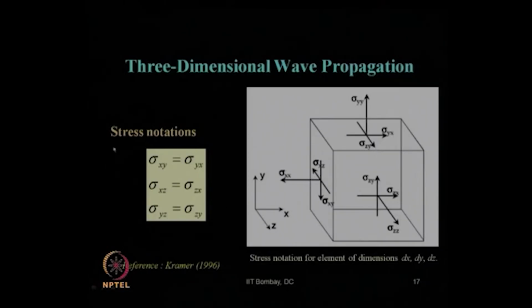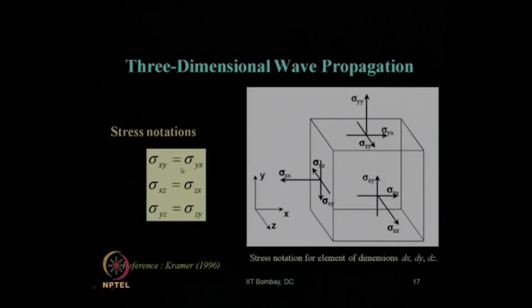Now, considering the stress notation equivalence, the shear stress sigma x y should be equal to sigma y x. Why? Because to maintain the equilibrium of the body, otherwise if they are different, there will be a formation of a couple. Okay.